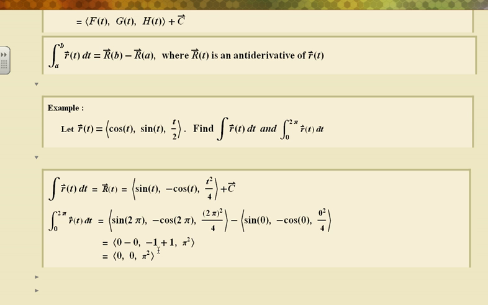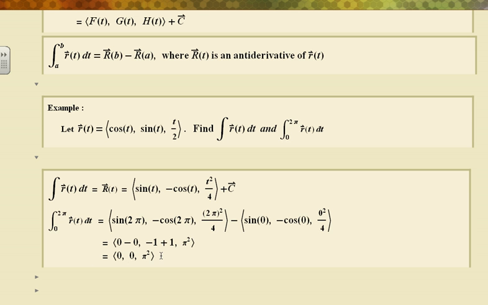And that again evaluates to 0, so negative 1 plus 1 is 0. And then this 2 pi quantity squared is really just 4 pi squared, and then divide by 4. So we end up with pi squared, and then minus that 0 again, so just pi squared. From 0 to 2 pi, the value of this integral is 0, 0, pi squared.